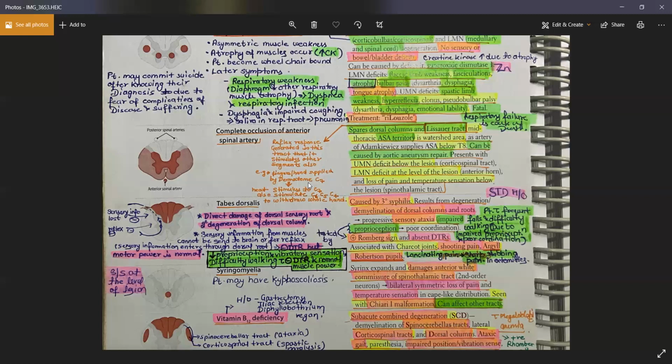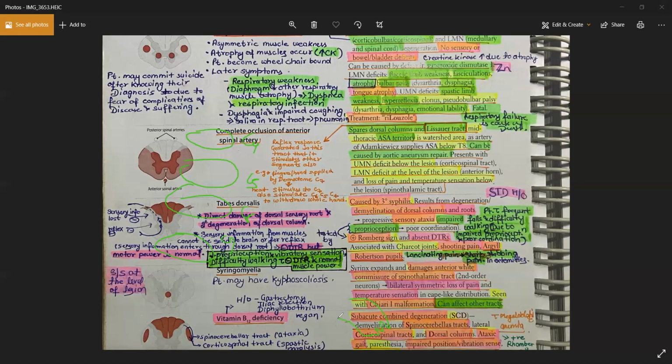If I draw that, if this is your one spinal cord segment, this is the second one, this is the third one, and this is the fourth one, let's say. You have C7 here, C6 here, this is my C5, and this is my C4. So what actually happens if the hand, let's suppose, and I told you already that the hand is supplied by three dermatomes.